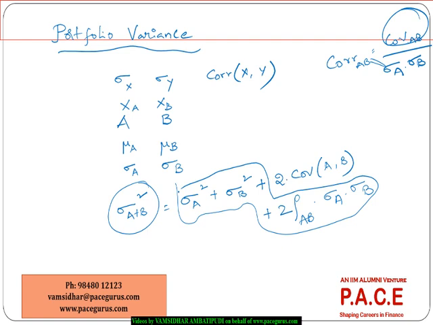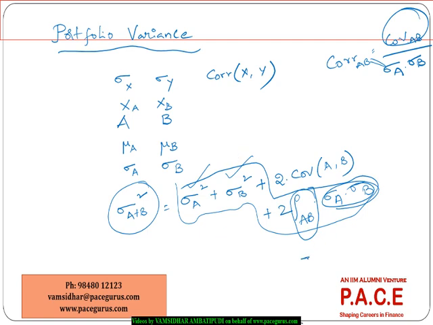where rho AB is the correlation between XA and XB, right? So you could see that this is more or less a frozen stuff. These two are frozen stuff which are associated with that individual security. But this is something which is talking about the relationship between the two.